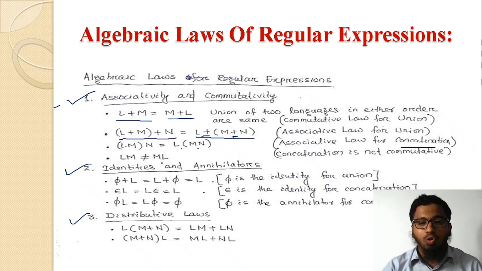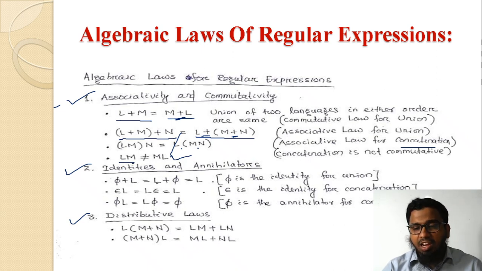LM does not equal ML. Concatenation is not commutative. Whenever the union is there, M plus L is commutative, but when we use concatenation, that equation is not commutative. When you have LM, you have to write LM only.